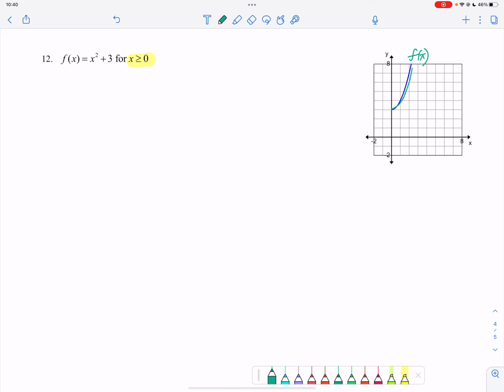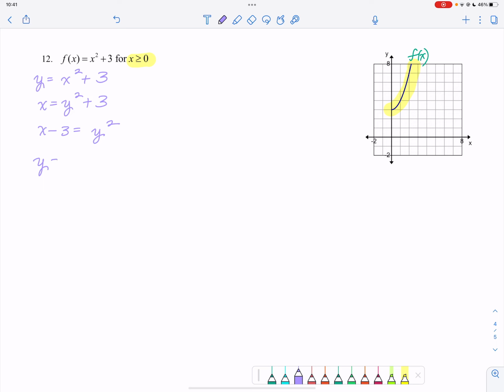And we just want that right half. Okay, so now let's go ahead and see what we have. We are going to let f of x equal y. Then we're going to interchange x and y.